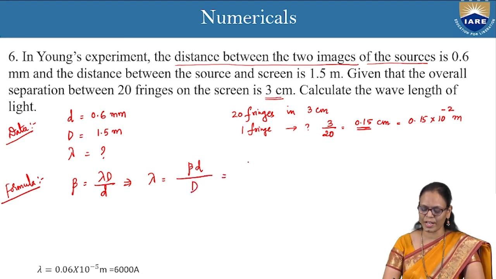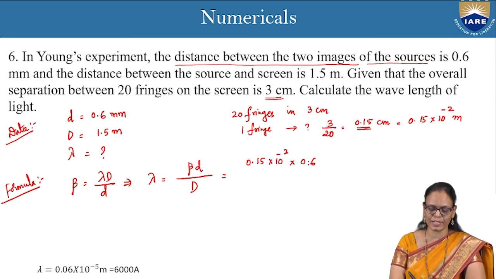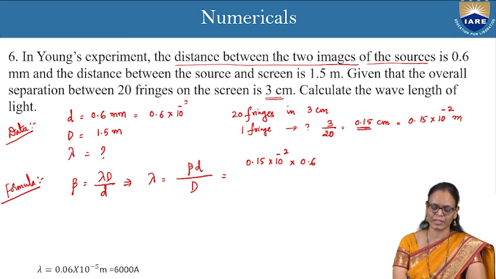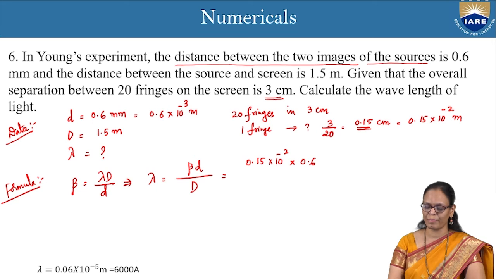So beta we got as 0.15 into 10 power minus 2, into small d is 0.6 into 10 power minus 3 meter, conversion from millimeter to meter, upon capital D is 1.5.